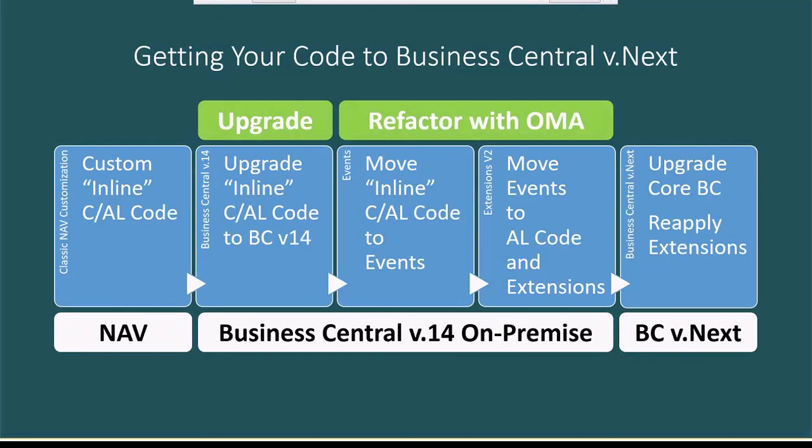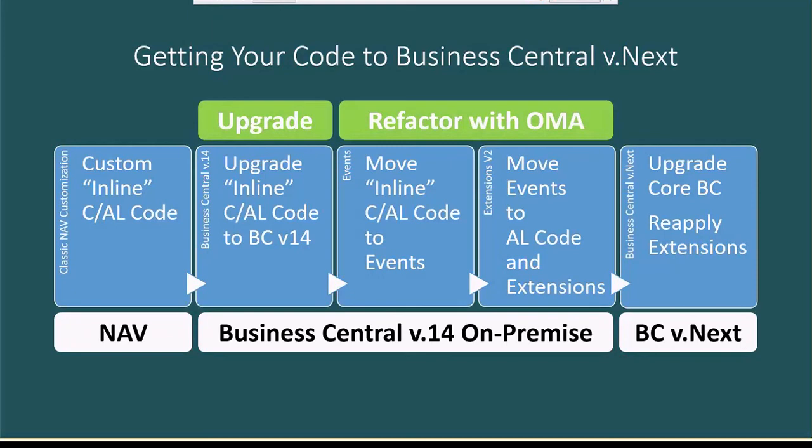Okay, there's no pressure, unless of course Microsoft comes up with some sort of licensing constraint. But in any case, what you can do is live in BC14, and now you can refactor with OMA. Take that inline CAL code and start moving to events. Okay, and then once you've moved to events, take those events and move them to AL code and extensions.